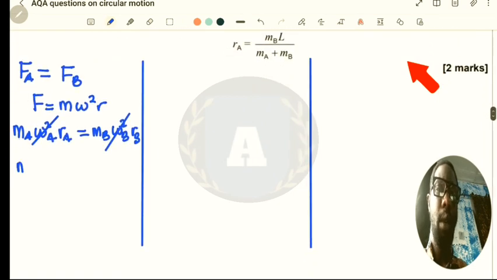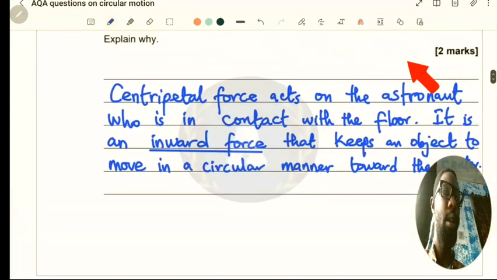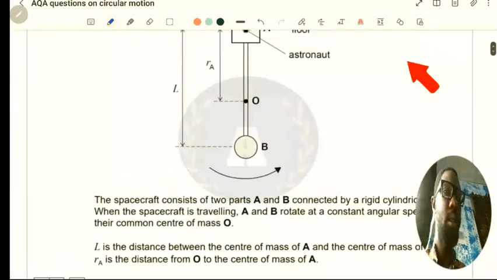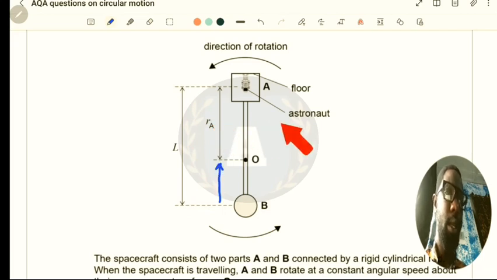Therefore we have mass of A multiplied by the radius of A equal to mass of B multiplied by the radius of B. Now, from the diagram, we know the radius of A and B. From the center to A, that is the radius of A. Then the radius of B is going to be the total length minus the radius of A. So we get the radius of B.